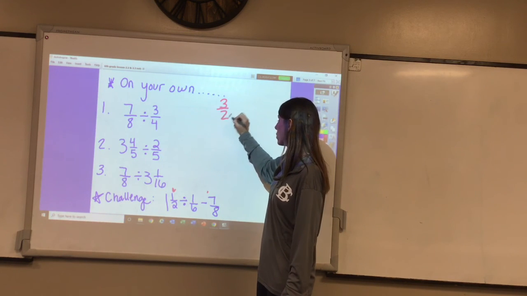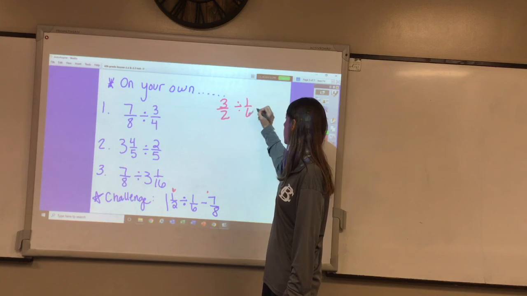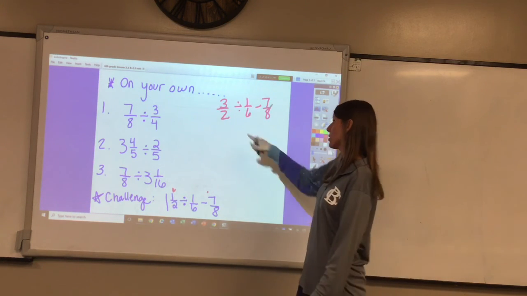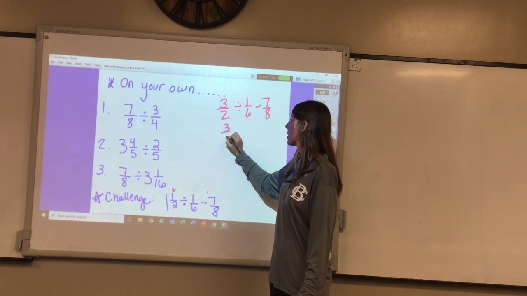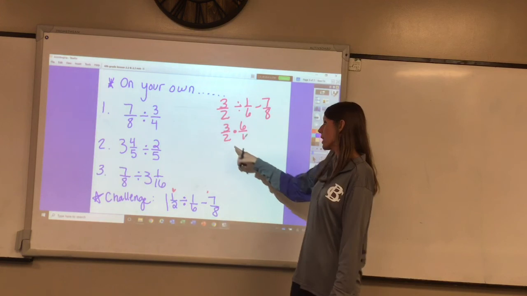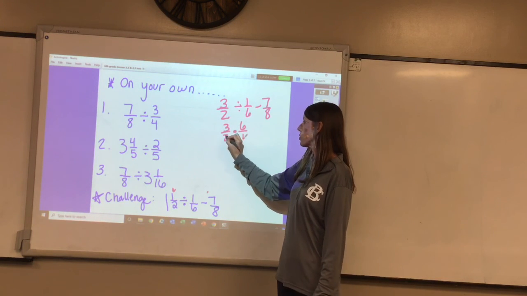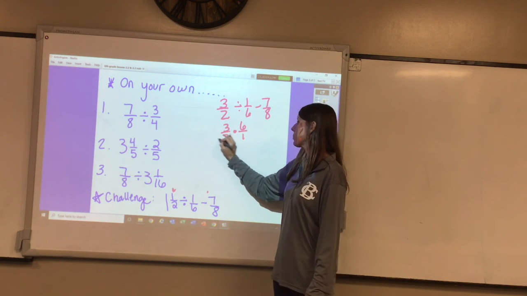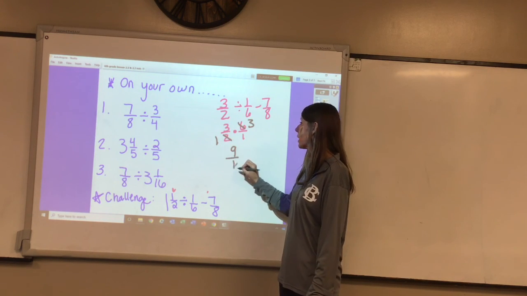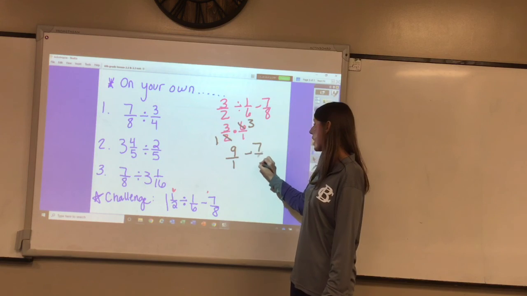So it's 3 over 2 divided by 1/6 minus 7/8. Now, we know division comes before subtraction in PEMDAS. I'm going to do this first. So I'm going to keep, change, flip. All right? Then I can cross reduce here, divide them both by 2. So this guy becomes a 1, this guy becomes a 3. 3 times 3 is 9, 1 times 1 is 1. Then I still have the minus 7/8.